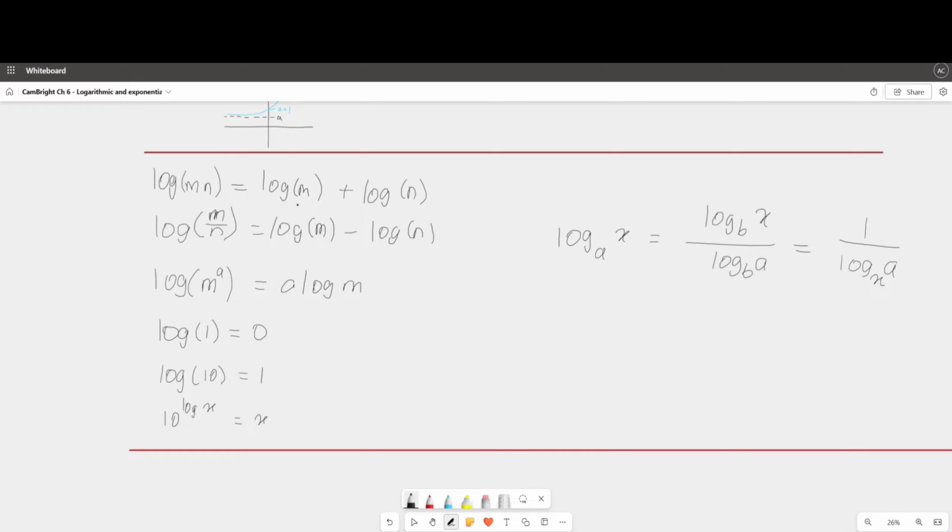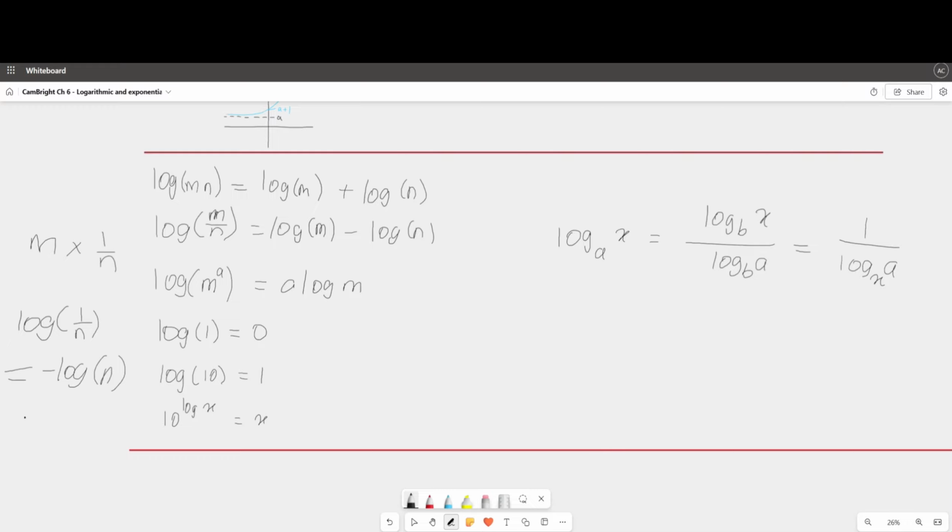Any base, it doesn't matter. I'm just taking 10 here, so I don't have to write the base. Same thing here. If it's m divided by n, then you just do subtraction, because it's actually just m multiplied by 1 by n. So the log of 1 by n is just negative log n. We'll come to that soon.